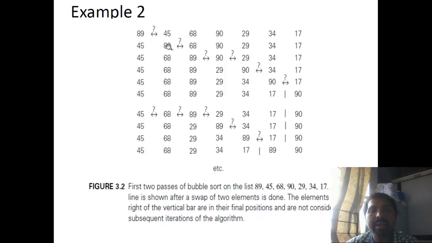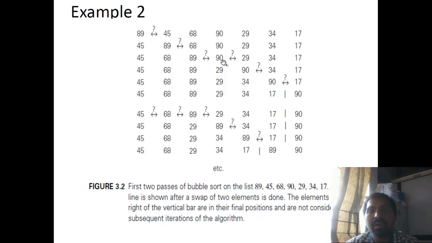After swapping these elements, again we take the second element and third element. Second element is 89 and third element is 68, so again it is not in order, so we need to swap. Swapping means we get 68 in the second position, 89 in the third position. In the third step we take the third element and fourth element, 89 and 90, which is already in order.